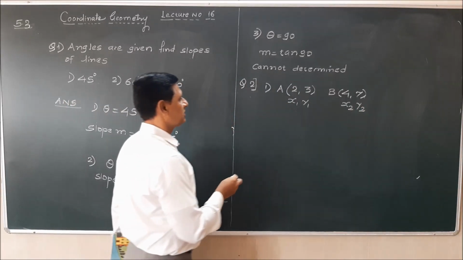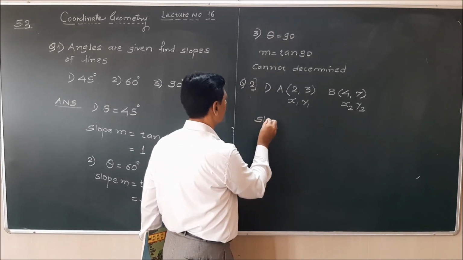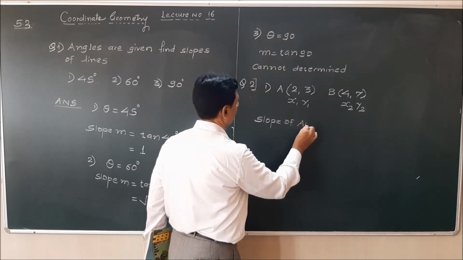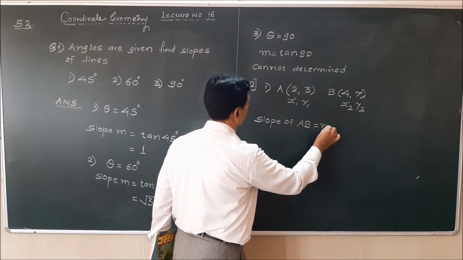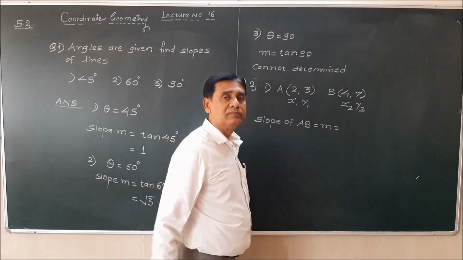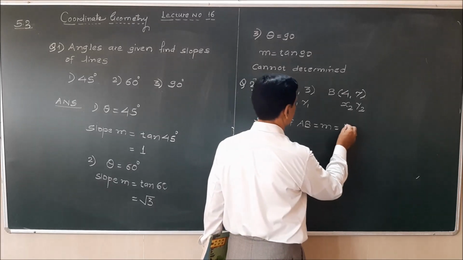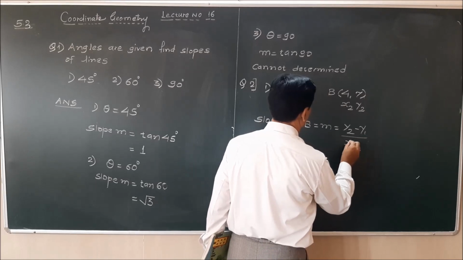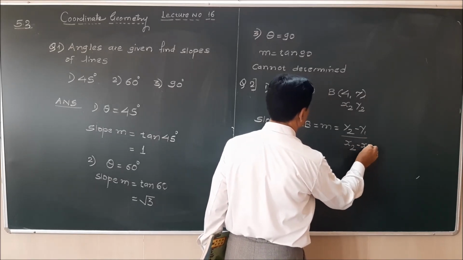So slope of AB is equal to m, that is equal to y2 minus y1 upon x2 minus x1.